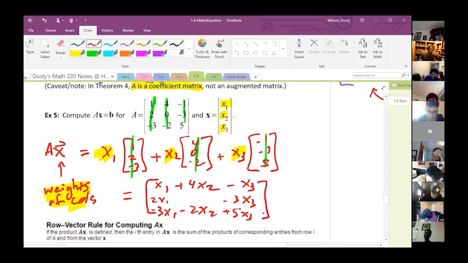What we're trying to do is compute when this is equal to B. On the other side, we would have equals B1, B2, B3.